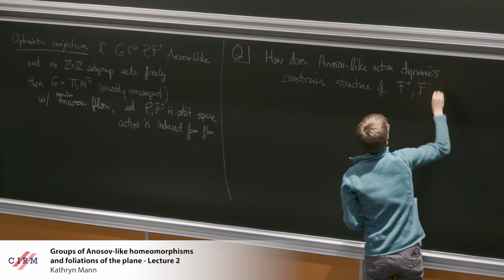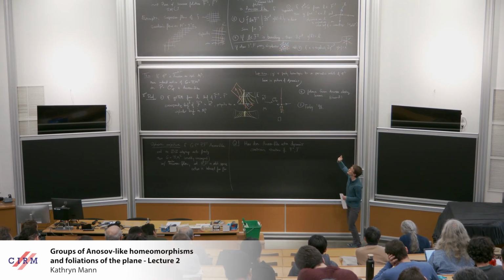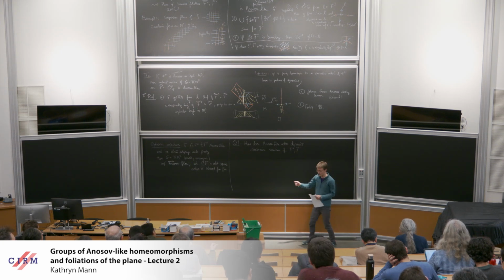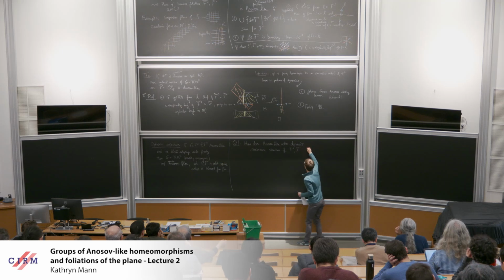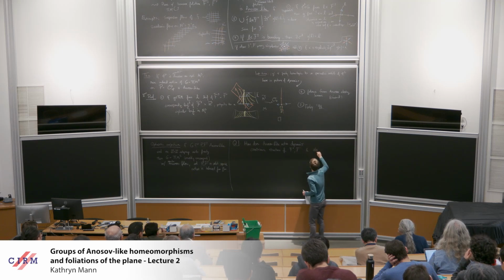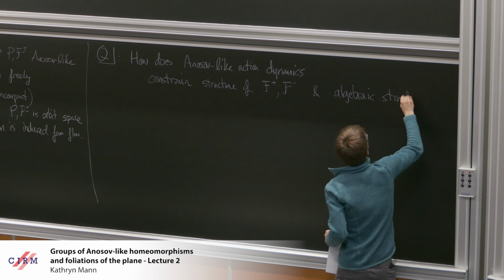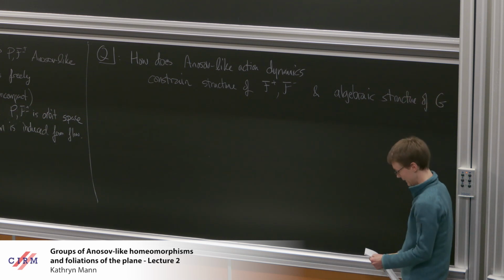So suppose I have a bifoliated plane that admits an Anosov-like action of some group. Can it be any bifoliated plane? No, it's very constrained. How does this constrain the algebraic structure of the group G that's acting?